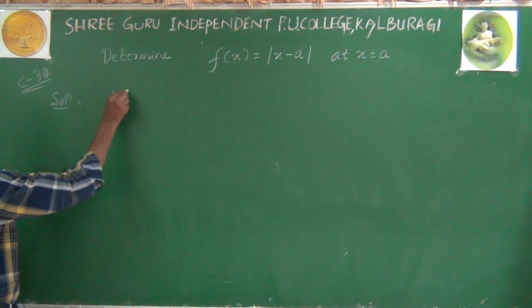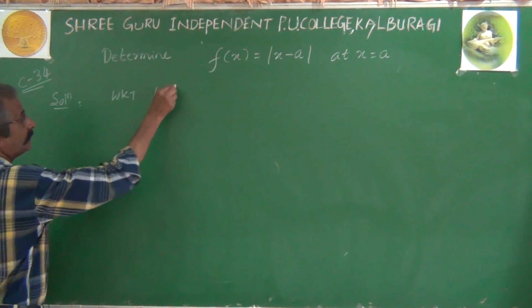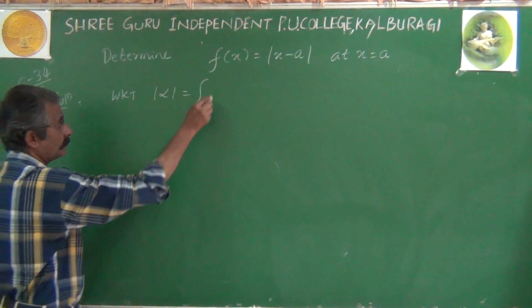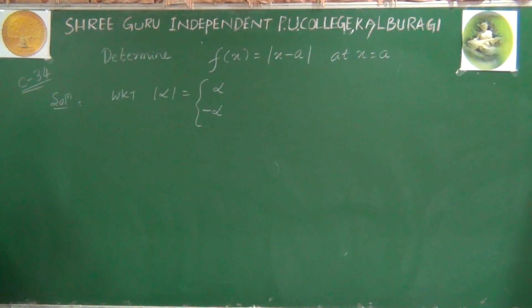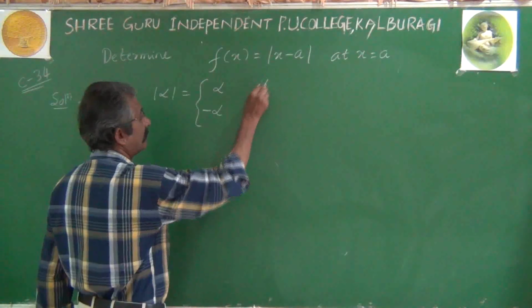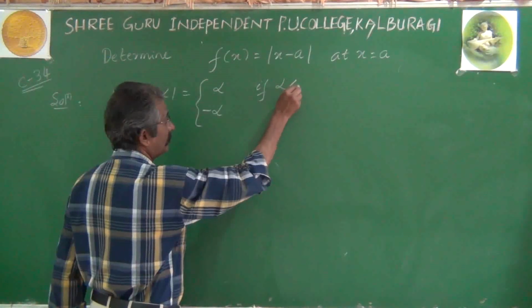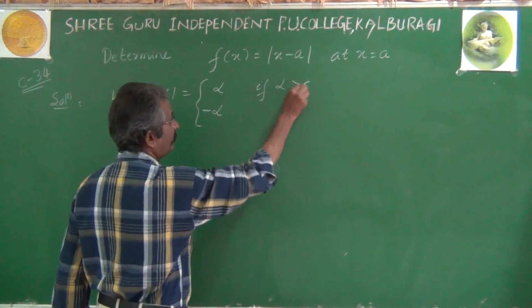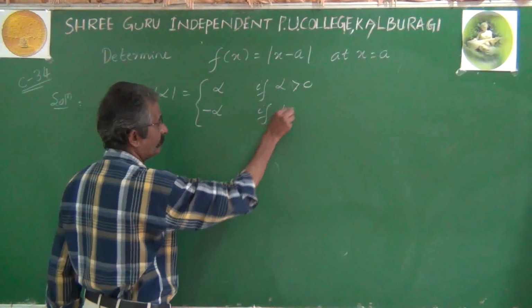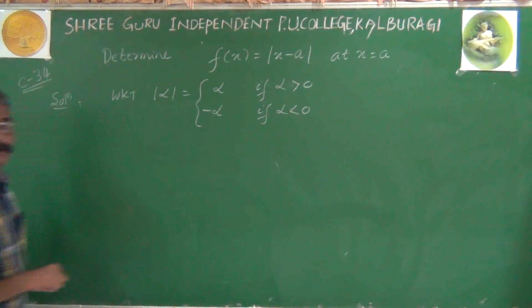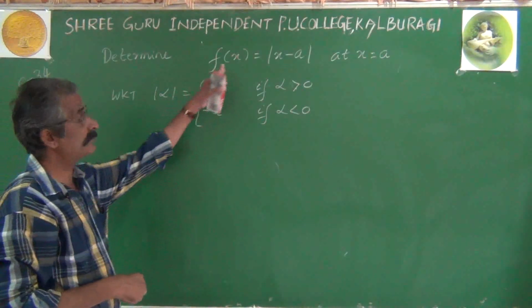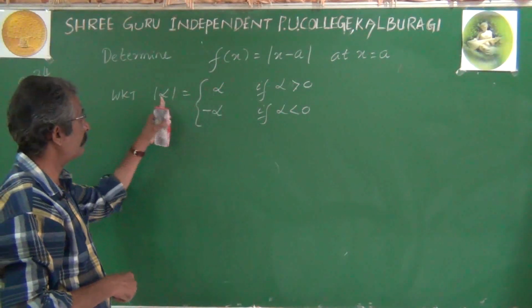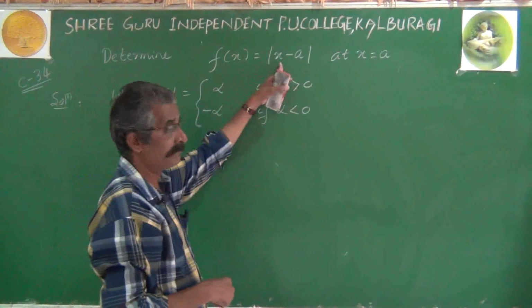We know that the modulus of alpha is defined by two values: plus alpha if alpha is positive, and minus alpha if alpha is negative. So by using the definition of modulus of a real number alpha, we apply it to the function f of x, meaning in place of alpha we replace it by x minus a.